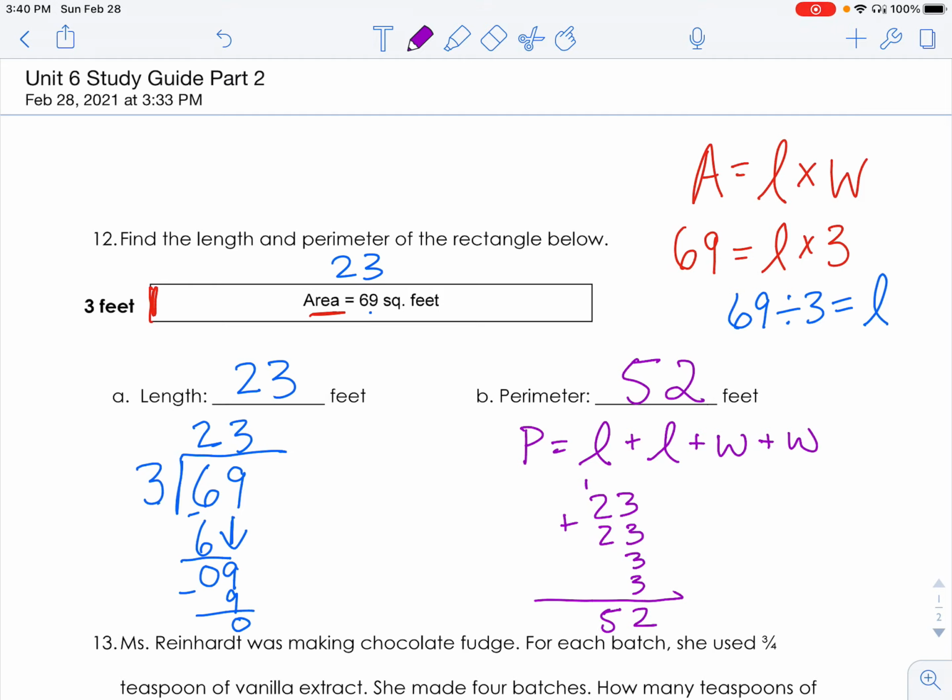Now, you might be saying, why is that feet, not feet squared? Well, all I did was I added feet plus feet plus feet plus feet. So my answer is still just feet. When you find the area, you're multiplying length times width, or feet times feet, in which case you get square feet. Okay, so that's the difference in units there to pay attention to.